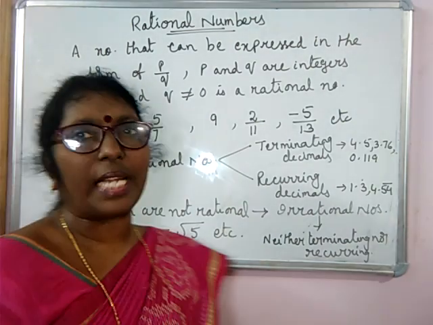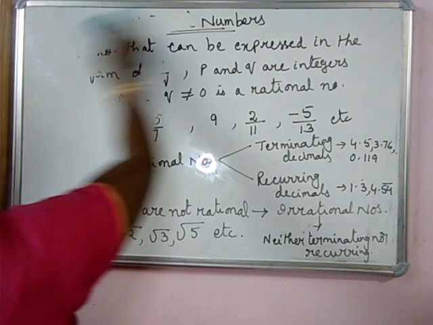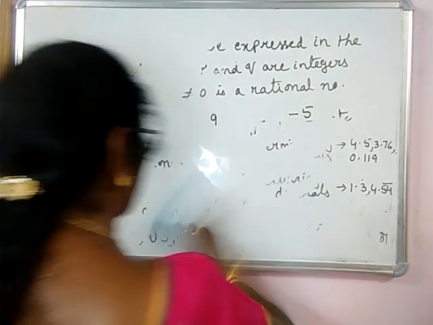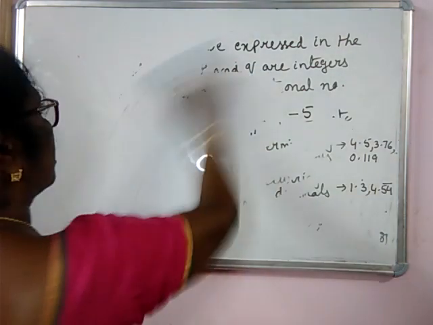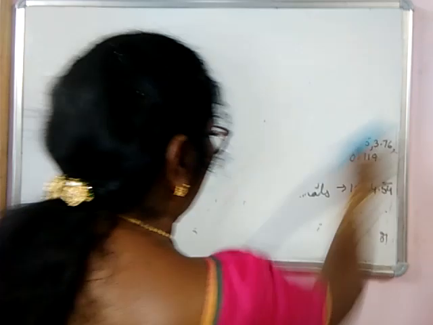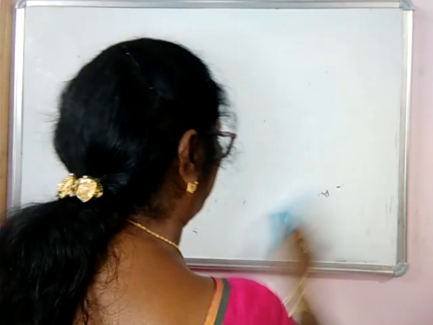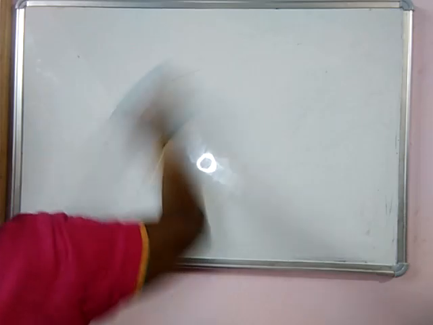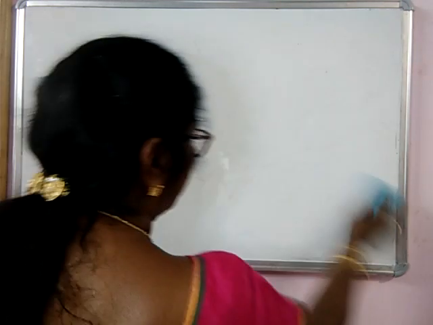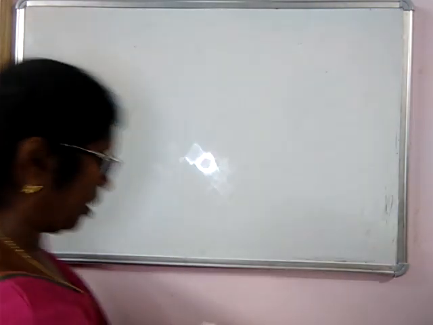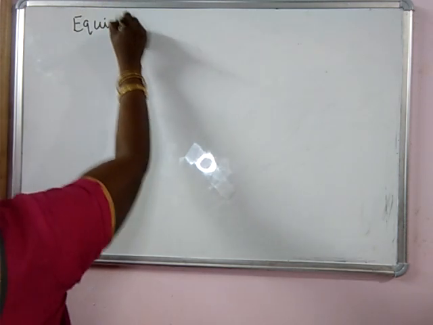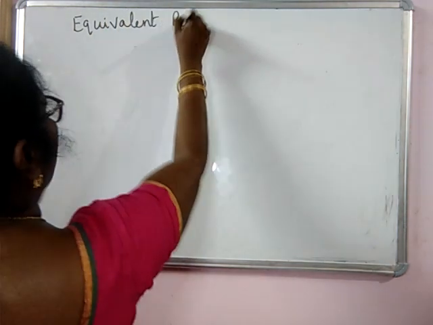Then what are equivalent rational numbers? Equivalent means equal value. Two rational numbers are equivalent if they are of equal value, like equivalent fractions.